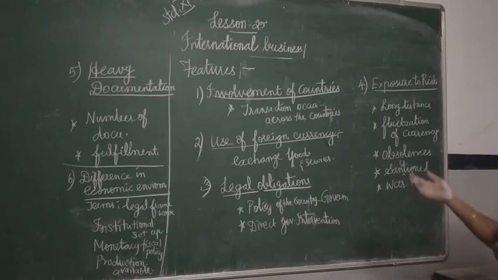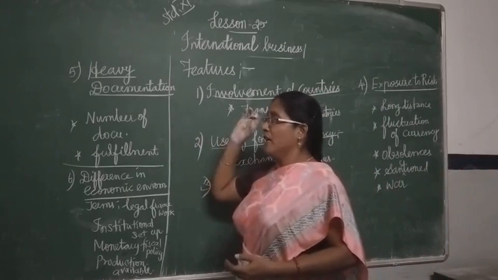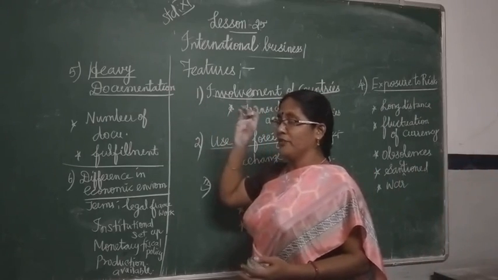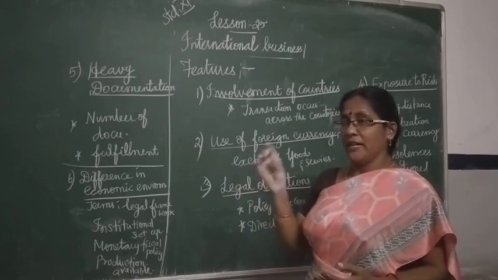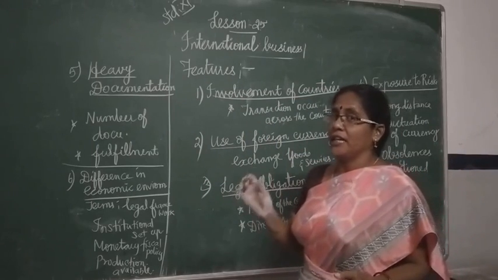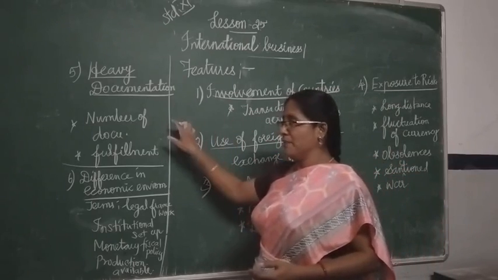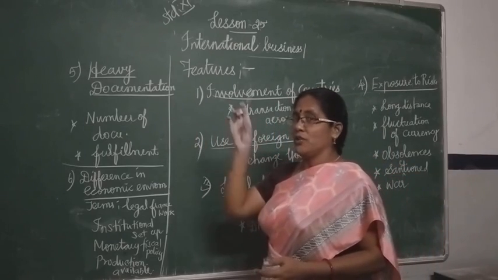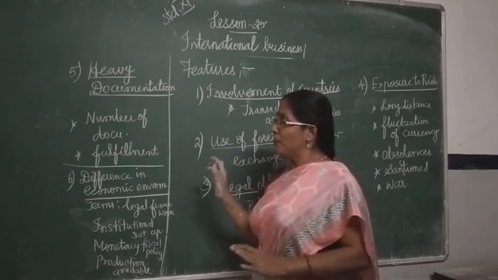So this is also a risk we are taking in international business. Then heavy documentation. Many documents have to be fulfilled because each and every country's documentation procedure is different. We have to fulfill the document procedures, then only we can do the international business. Home country and host country, both countries have to fulfill the same procedures.